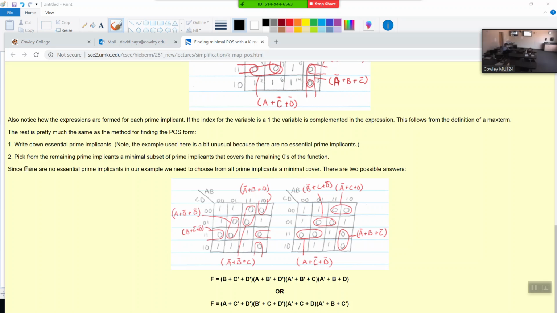See how it says, since there are no essential prime implicants in our example, then we need to choose from all prime implicants of minimal cover. And there are two possible answers.